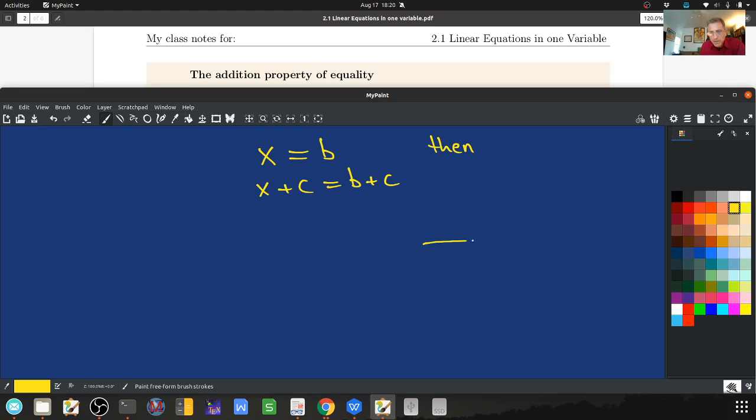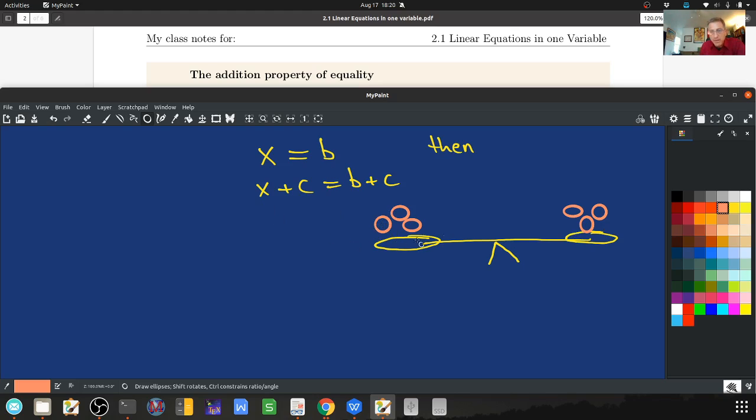You can kind of think of it this way. I'm not a very good illustrator. If you have a balanced scale, and our scale has, say, three, whatever you want to call these, marbles or golf balls or whatever.